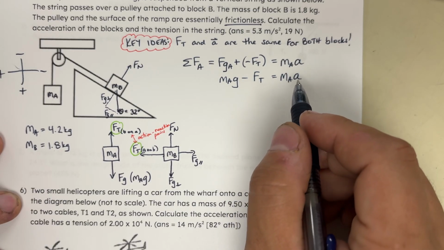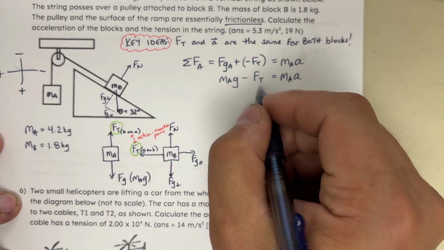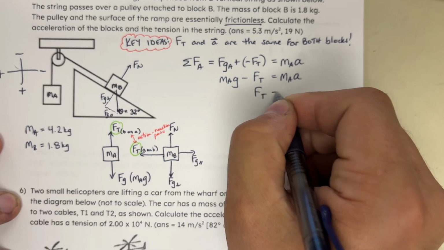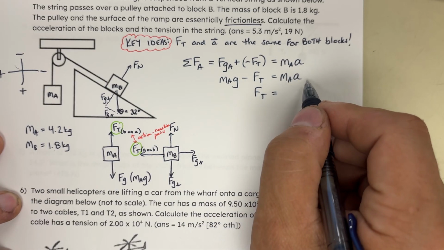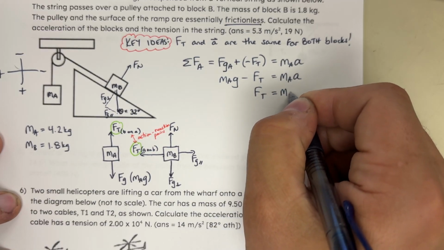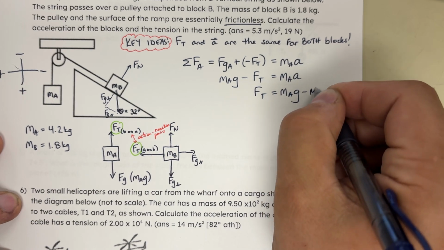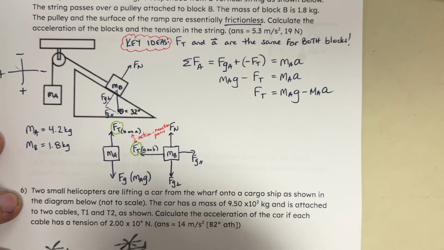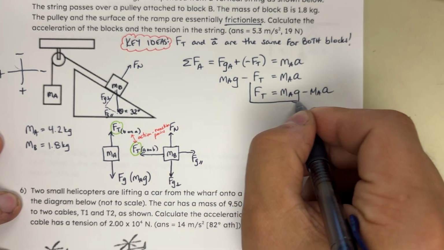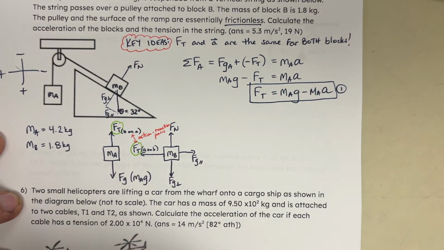I'm going to flip this and make sure my FT is on one side. So if I put it over here on this side, it becomes positive, and I'm going to put this on this side. So it's going to be MAG minus MA acceleration. And this here is going to be my equation number 1.